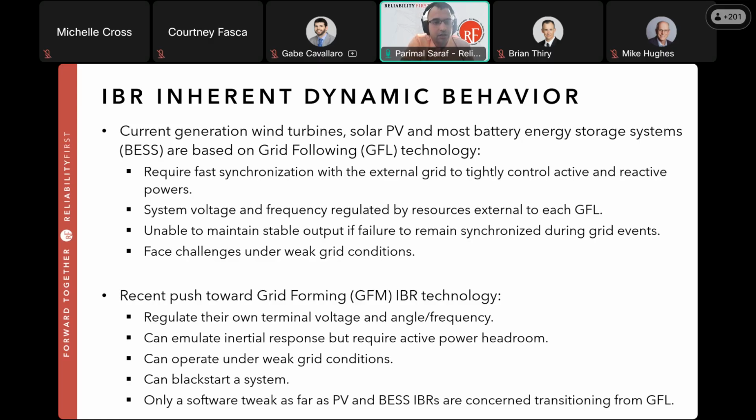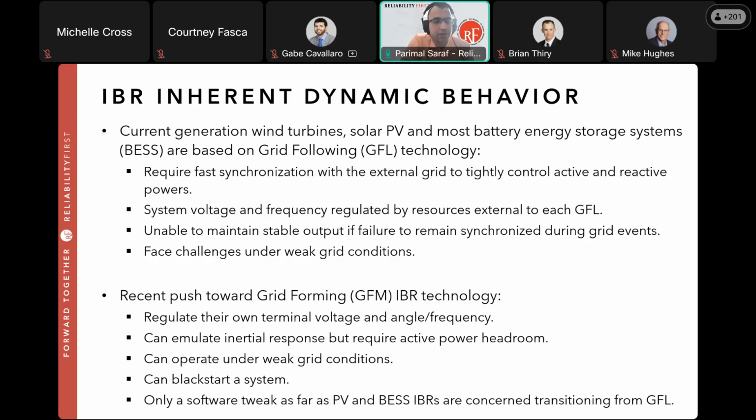It cannot control system voltage and frequency by itself. It needs an external resource for that. It's not able to maintain stable output. If the PLL falls out of synchronism during grid events, it's not able to maintain its active and reactive power output, which eventually results in the IBR tripping and essentially megawatt loss from the system.